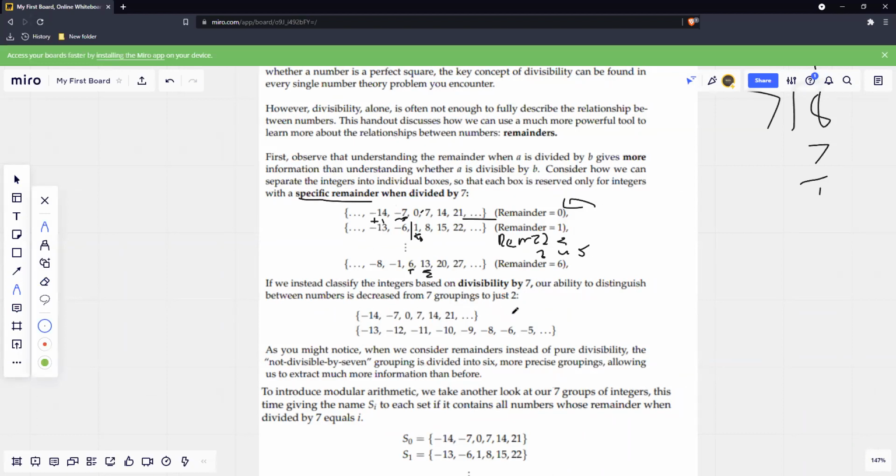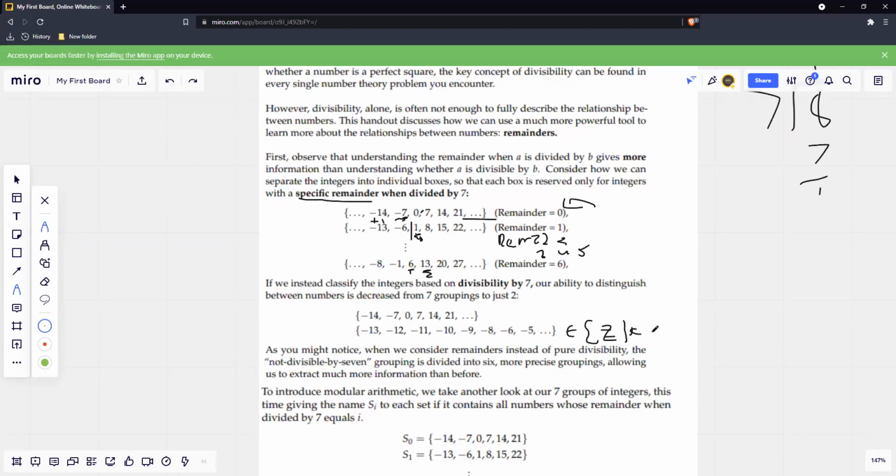All we have is basically all the numbers divisible by 7, and this is a set of all integers, natural and negative, such that the number is not divisible by 7.